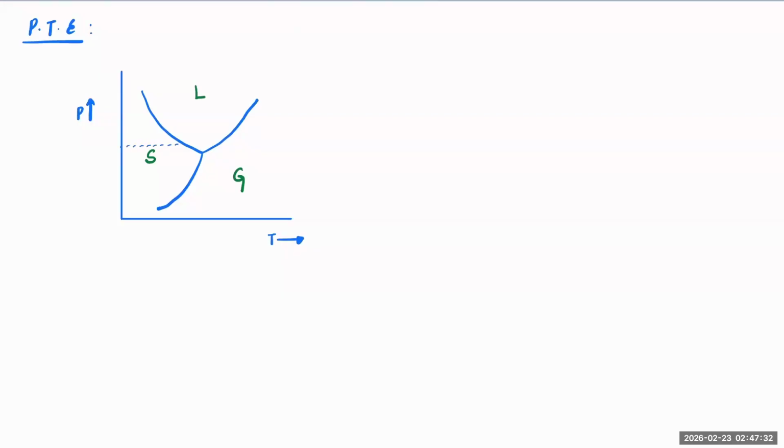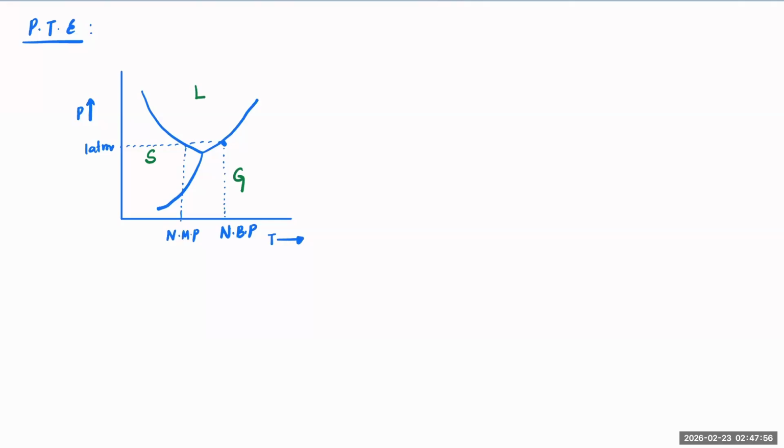This is that 1 atm line. So at 1 atm, where the liquid gas equilibrium is touching, that is called the normal boiling point of water. And if it is touching the solid liquid equilibrium, that is called the normal melting point.